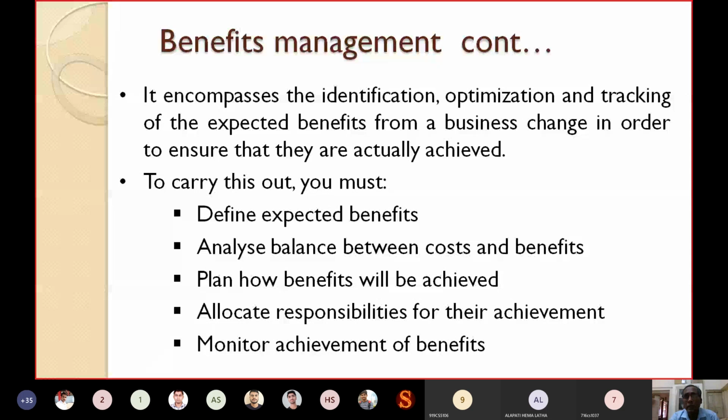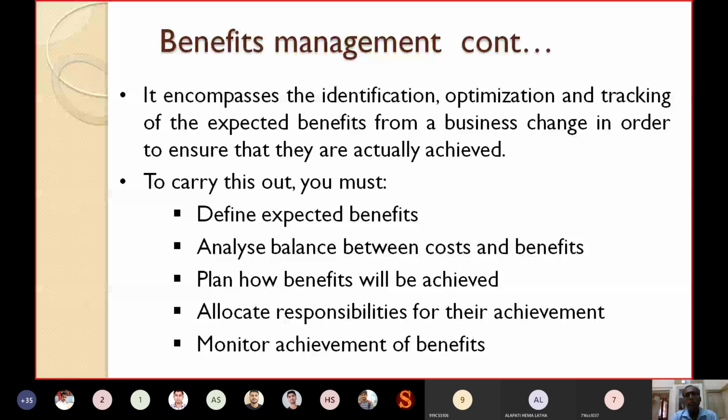Whatever you have planned to get these benefits, you have properly identified them, optimized them, and tracked them. You are able to get the expected benefits from a business change.